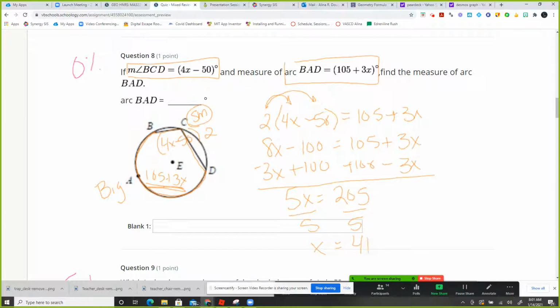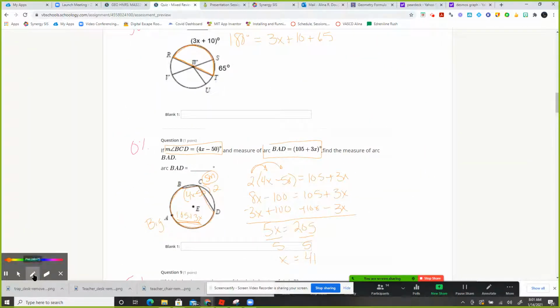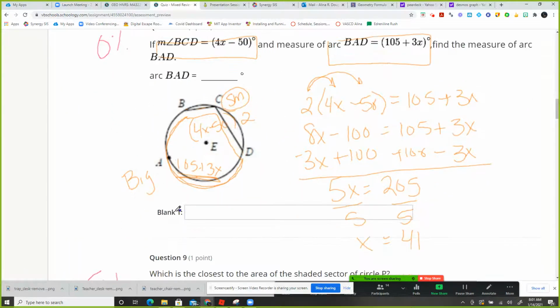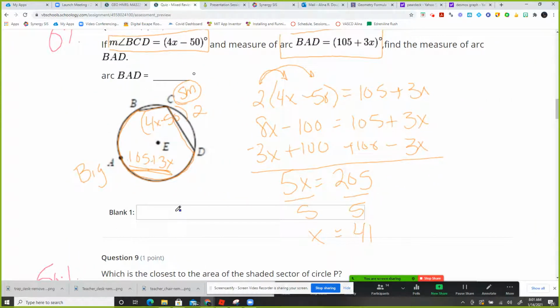I need to go to my calculator and make sure. Sometimes I do weird things when I do things in my head. 41. The problem is that's not my final answer. Why is that not my final answer? What's the question asking for? Arc BAD. So I've got to go back to that arc BAD and put in my 41.